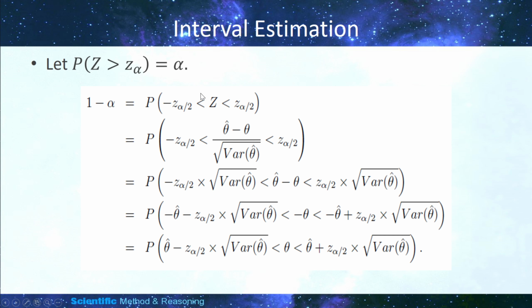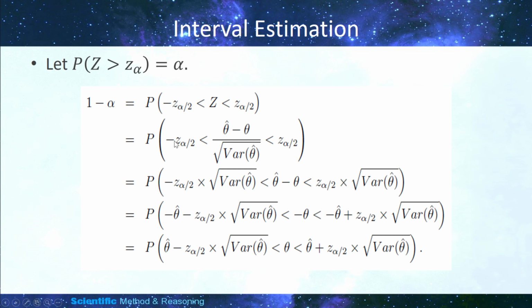Okay, then by the z transformation, we plug in z given by the original transformation, theta hat minus theta divided by the square root of the variance of theta hat. And remember that whatever we do to a particular entry, we can do the same thing to all three entries such that the probability content will not be altered.